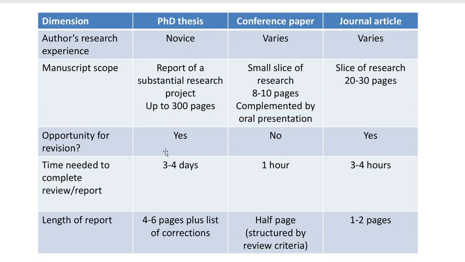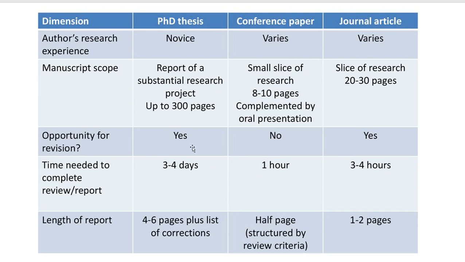Opportunity for revision: yes, and conferences need not require major review, based on their conference policy. Finally, journal articles must be reviewed by someone, and seven types of reviews are required, and the time needed to complete review is either 3 to 4 days.